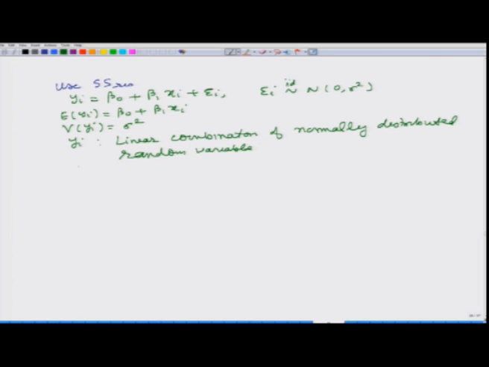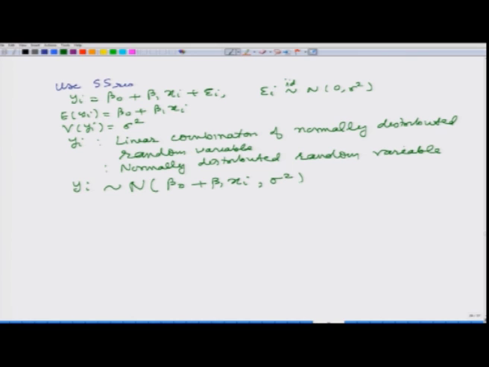So, I can also write that yi will also be a normally distributed random variable. The yi's are going to follow a normal distribution with mean beta 0 plus beta 1 xi and variance sigma square.